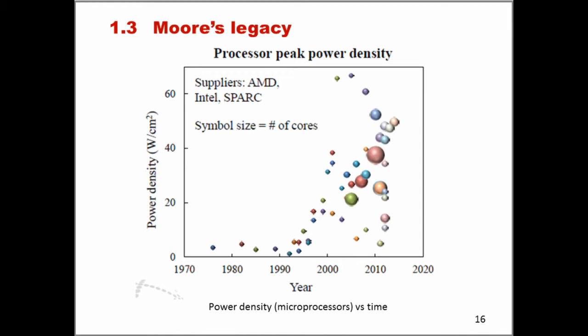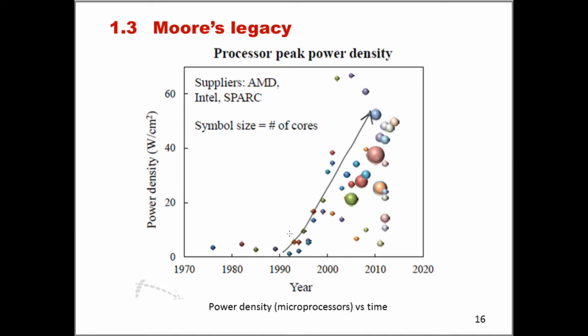So we can see here on this slide that the power density of microprocessors, really after the 80s, after the 90s, started to go up quite rapidly.